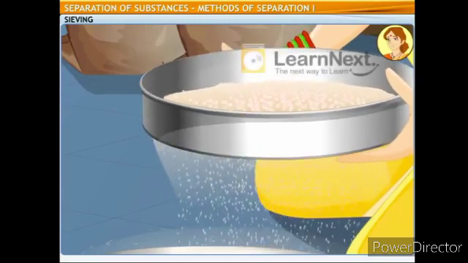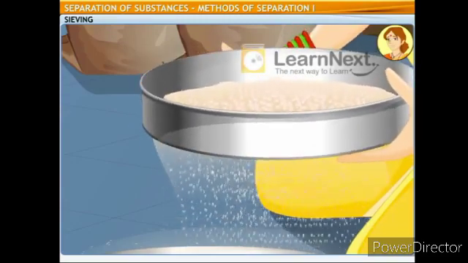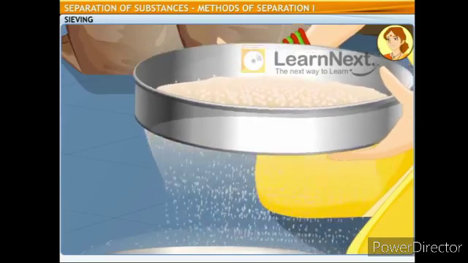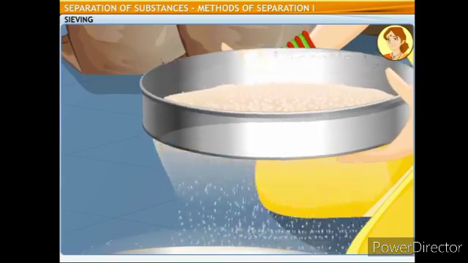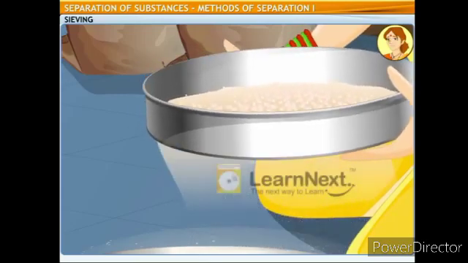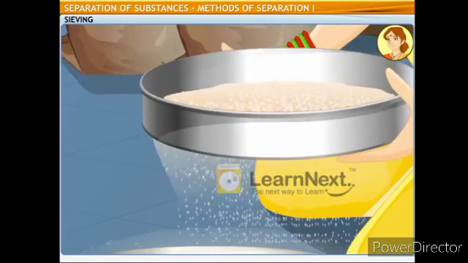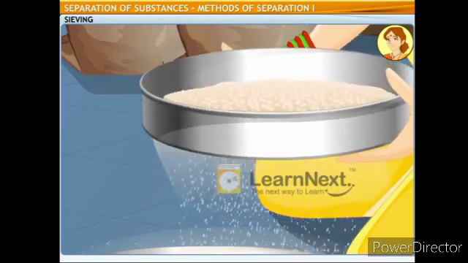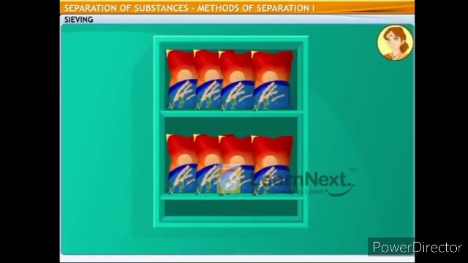When I put this through a sieve, the fine powder falls through the small holes in the sieve, while the thicker impurities remain as they are too big for these holes. And hence, the substances are separated. Once the wheat has been sieved, it is packaged and is ready to be sold in the market.